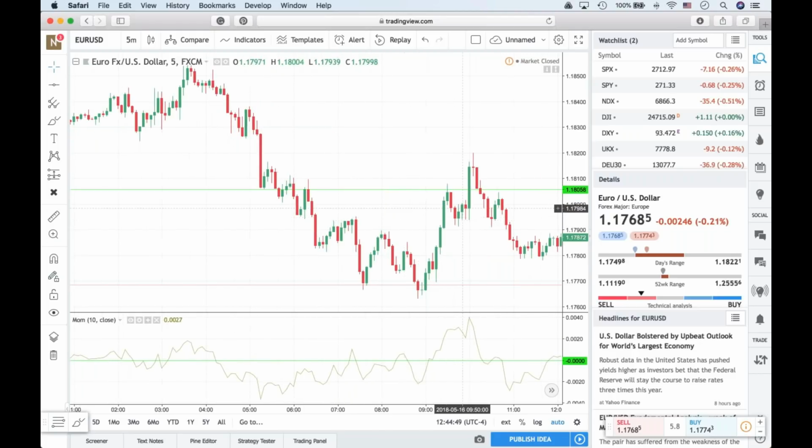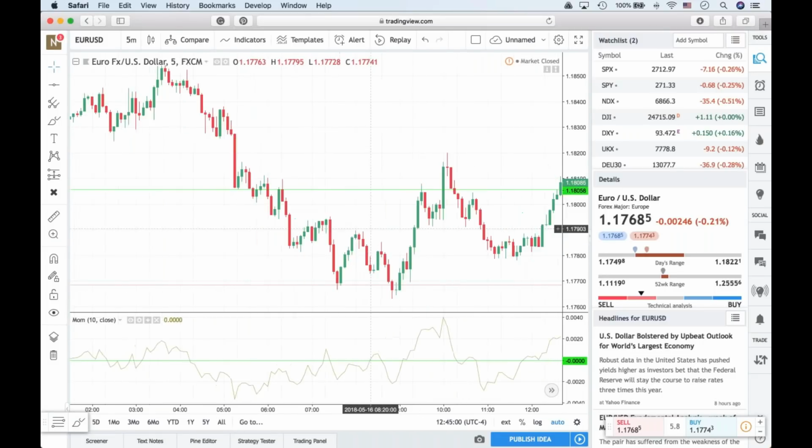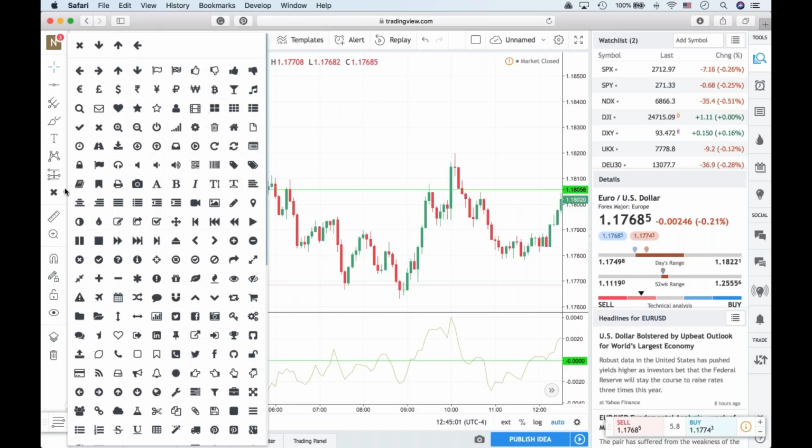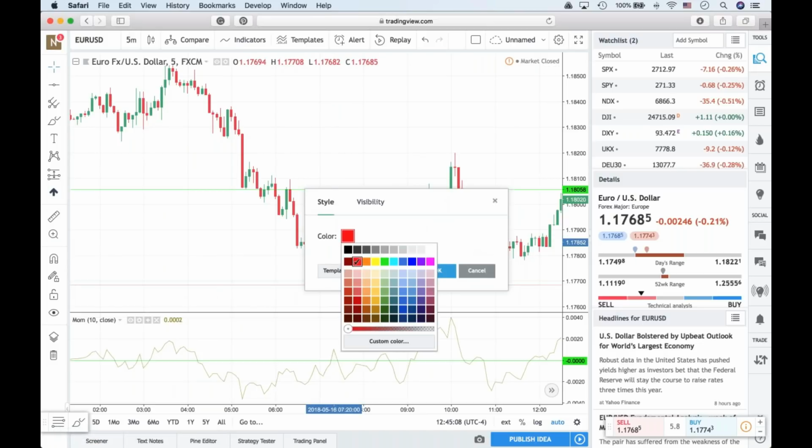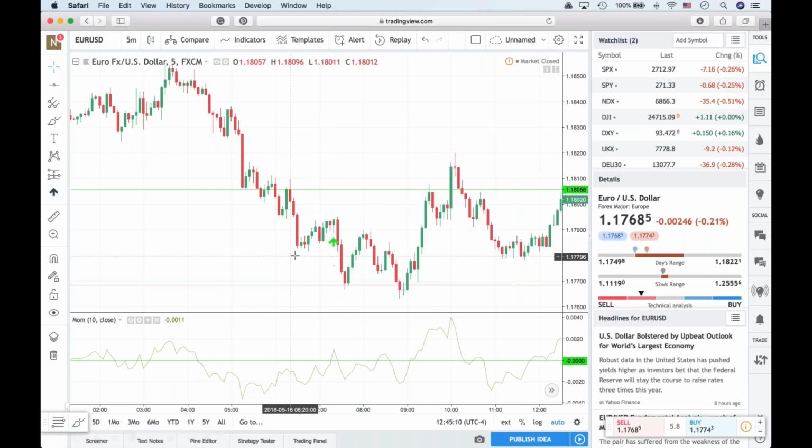Okay, and this is a long-term strategy here. So I'm going to show you now 3 different entries and possible entries that might give us some good results. So this will be our arrow up and our entry. Okay, the entry will be on this candle close.